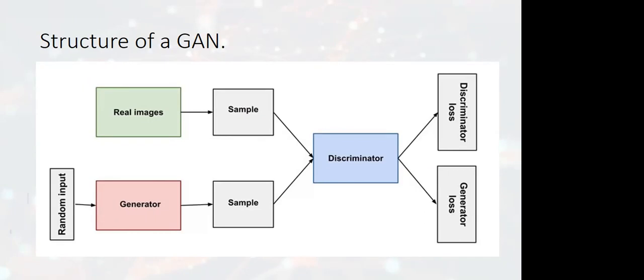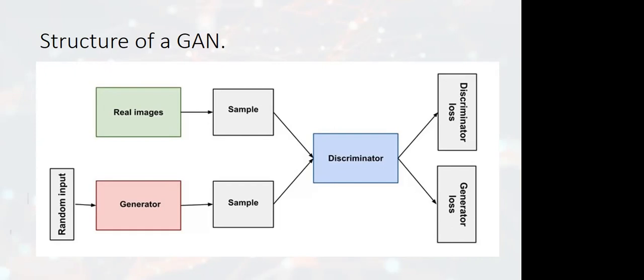So the generator produces a fake or synthetic sample, and there is a real sample. The job of the discriminator is to distinguish between both of them. It looks at the real sample and tries to learn what a real sample is, and it looks at the fake samples and tries to detect that it's a fake.